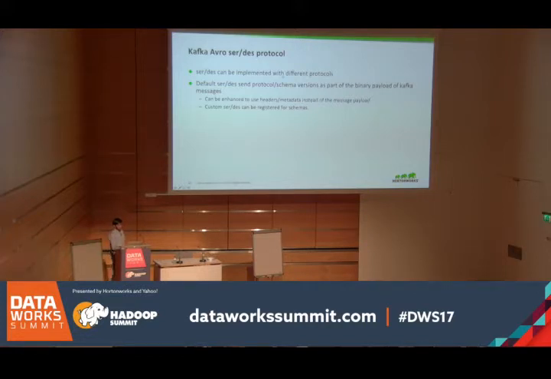Let us say we want to implement some other kind of serialization. You create a new protocol version and prepend that protocol version, and the deserializer gets to know the protocol version. Based on that protocol version, it can deserialize.